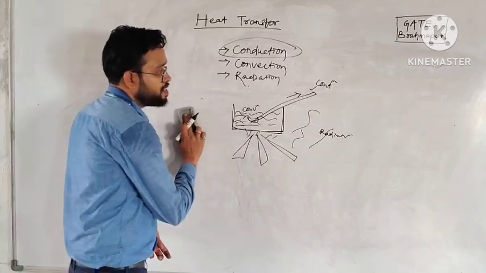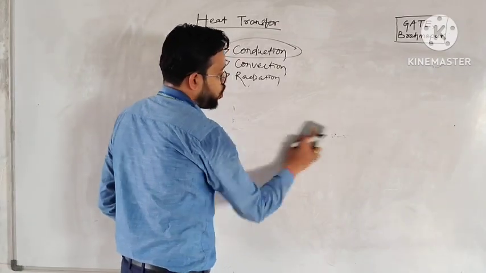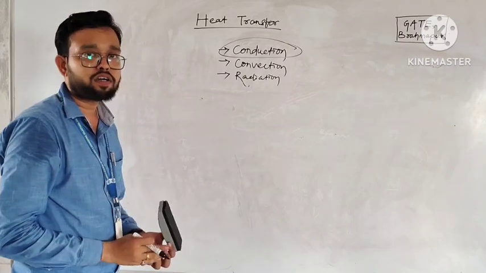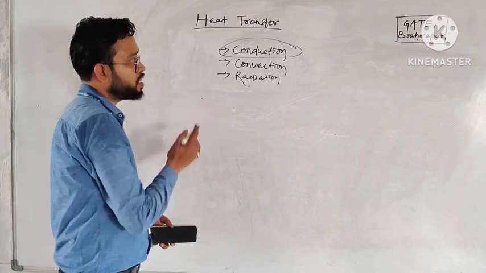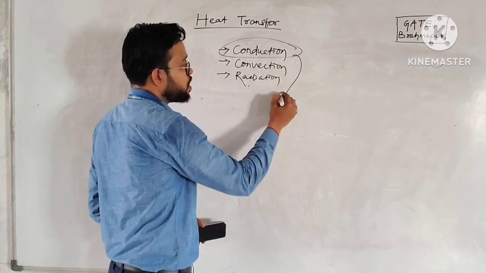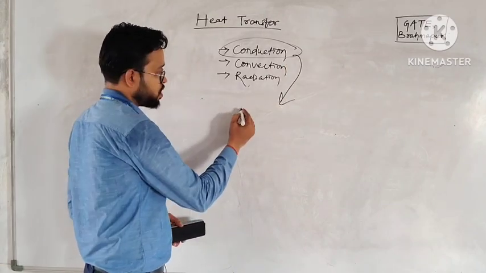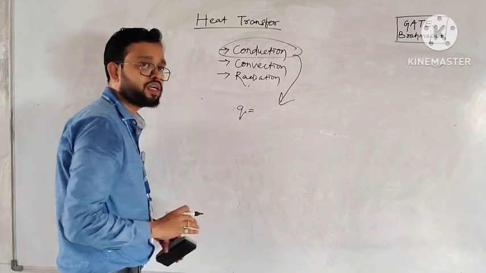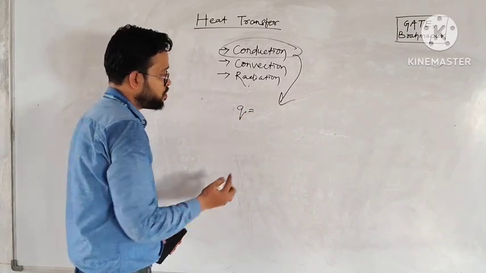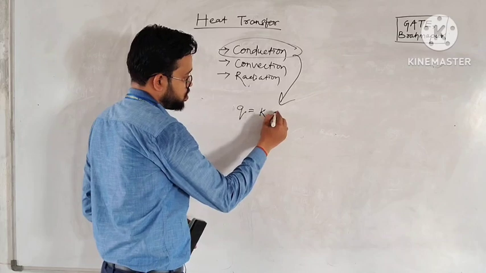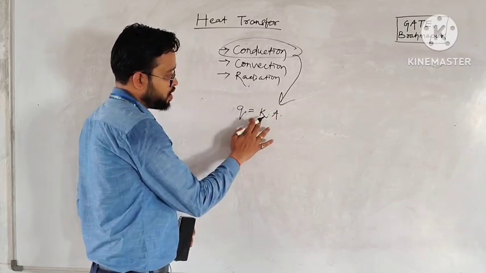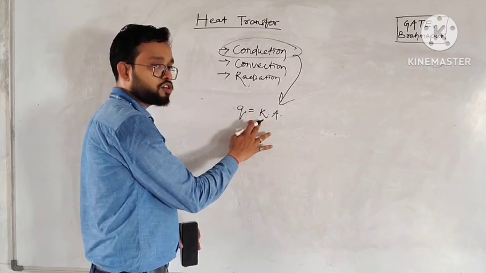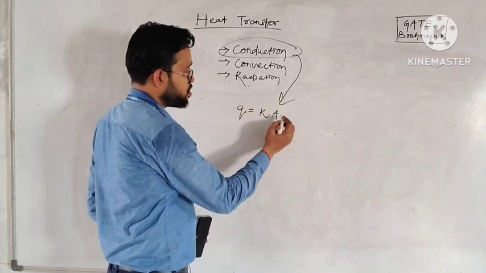Now we will see the formulas to find out the rate of heat transfer. In heat conduction, the rate of heat transfer Q can be found out with the help of this formula. This is the thermal conductivity or constant in heat conduction.